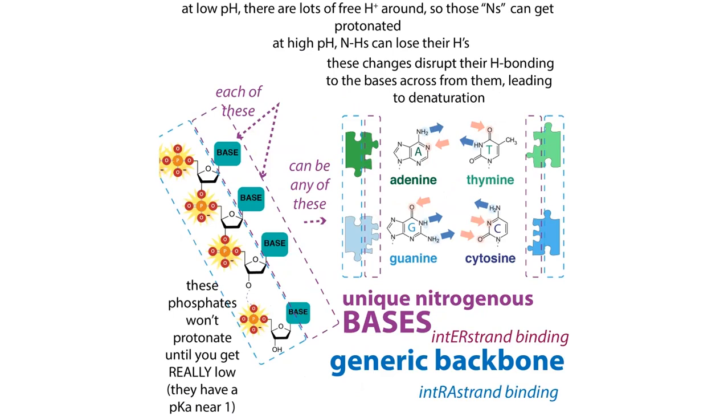They're just not very readily. But if the pH is low enough, then these can get protonated. And if the pH is high enough, they can actually deprotonate the protons that they already have. And so either of these is going to disrupt your hydrogen bonding, leading to denaturation.